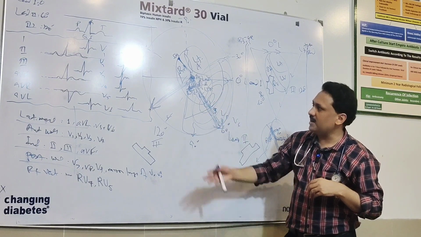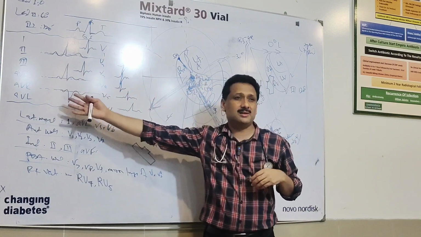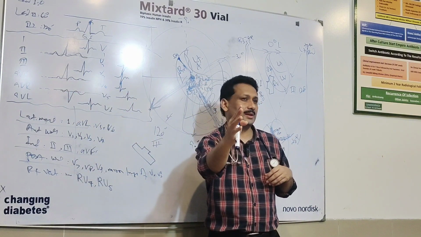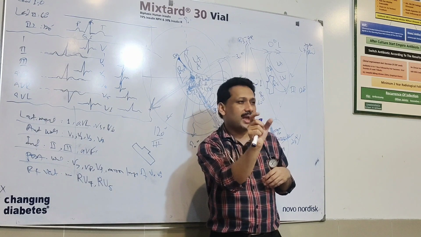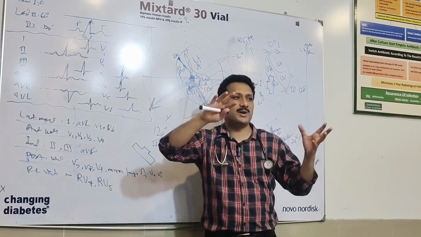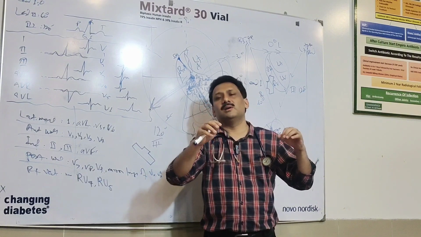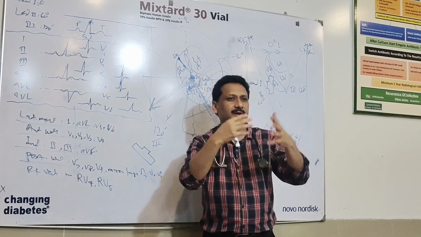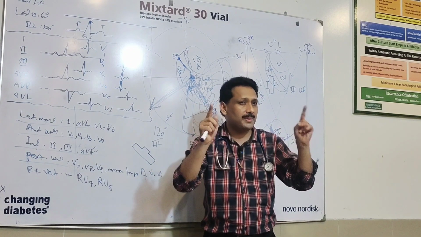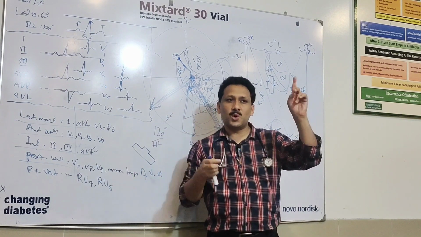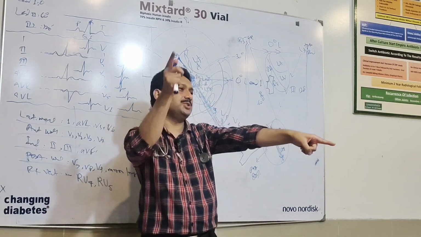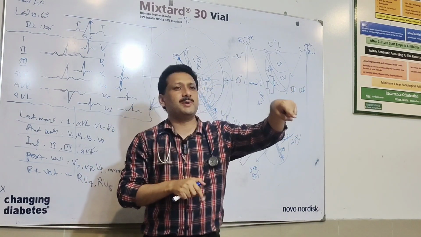And finally, drawing these 12 leads would give you a real good picture why in normal humans these leads vary from one person to another person. Different leads have different kind of picture, and it is all based on one single fact, that whatever the direction of cardiac axis is, the whole ECG picture will be based on that particular thing.